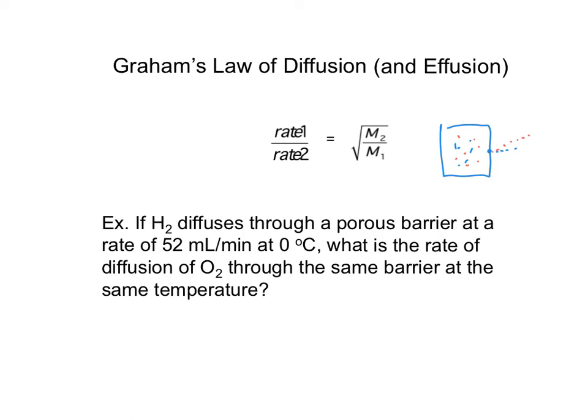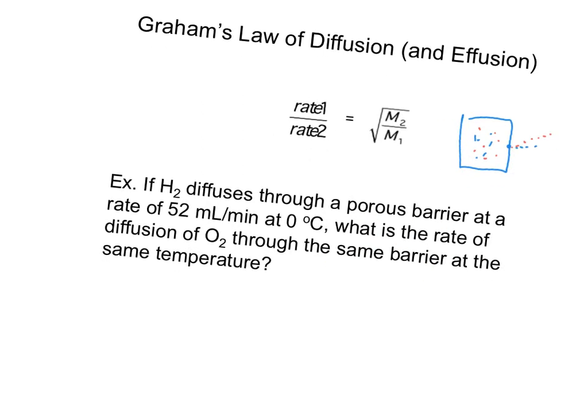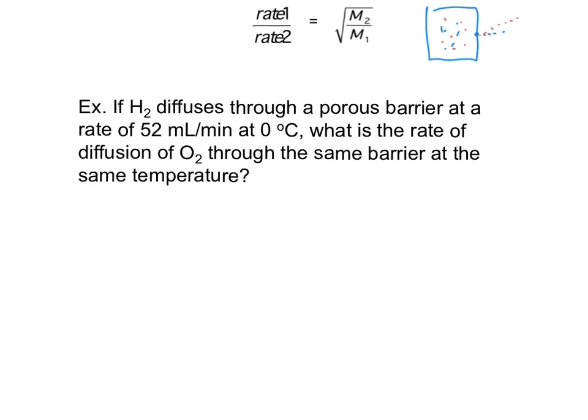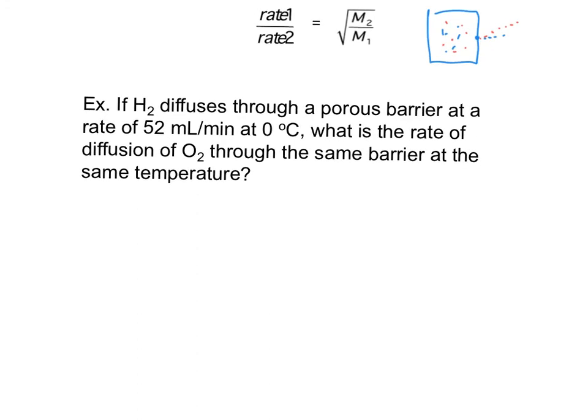All right, so this is the equation that we're going to use. Graham's law applies to both diffusion and effusion. And you can already see that the units here are going to be different. Let me outline the units here.